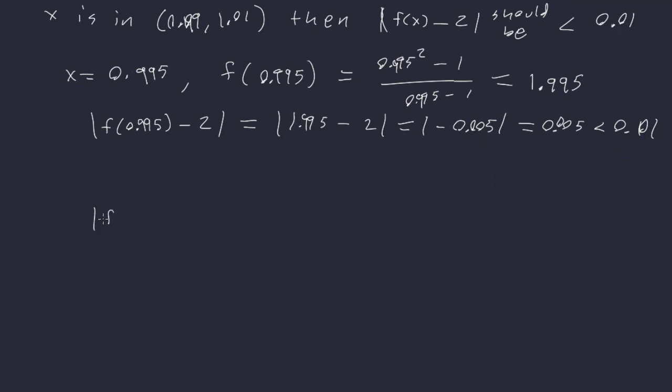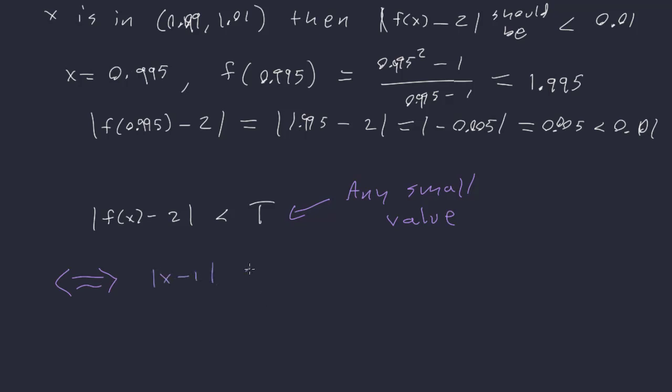So essentially, if we want f of x minus 2 less than any small value, that corresponds with wanting x minus 1 less than that small value, which ends up meaning that we want x trapped between 1 minus that small value and 1 plus that small value.